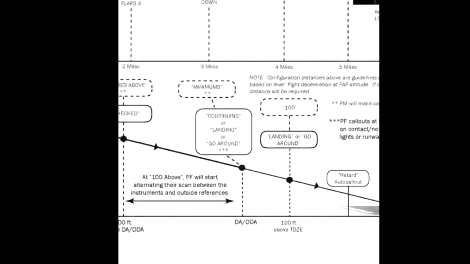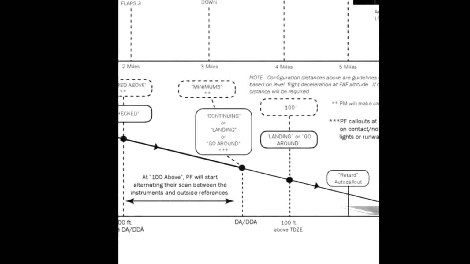Any of the approaches, the way that TERPS designs approaches now, if it has a runway approach light system, even on non-precision approaches, it's using that to help you get lower. So if you did the math, a great example in Denver, ILS 16 left, you're going to be over a mile away from the runway, and the visibility is only required to be a half a mile. Right. So we needed to allow for continuing to land or go around at minimums.